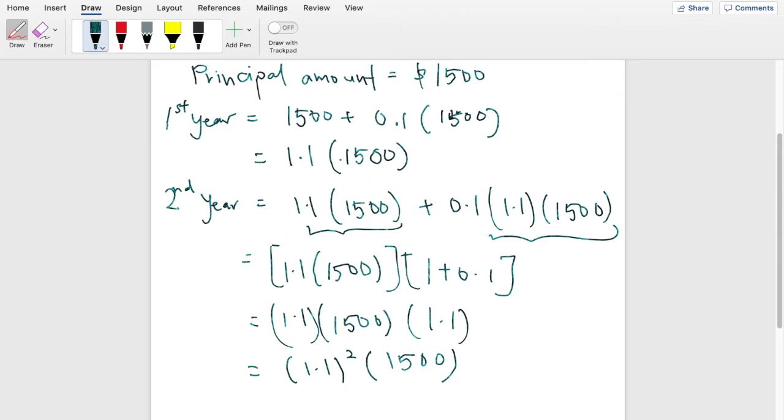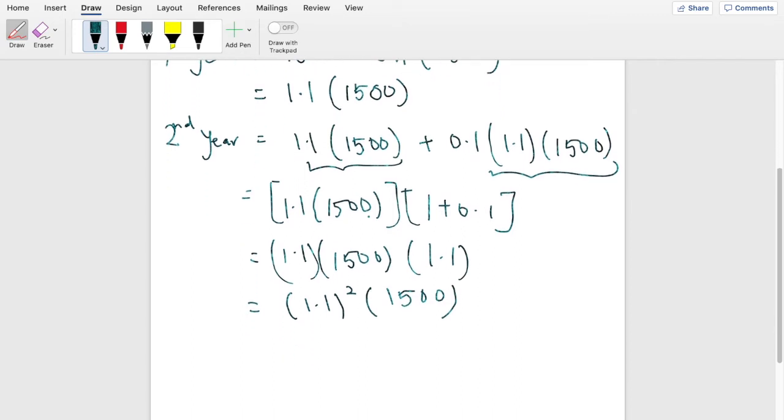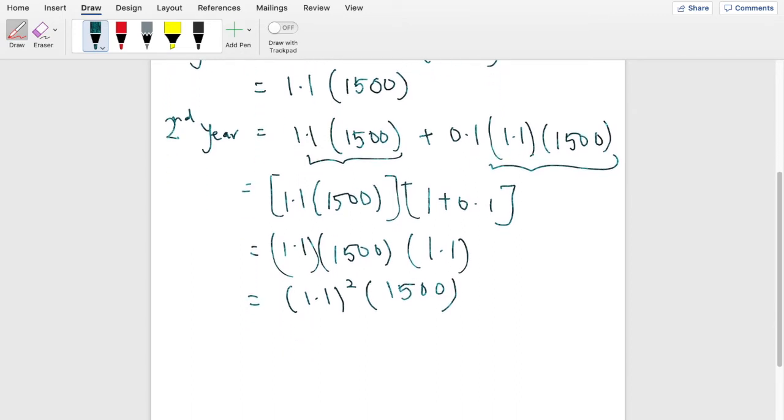You can always look at your principal amount as this number x here. So in the case where you have x plus 0.1x, you can factorize out your x and you get x times 1 plus 0.1.